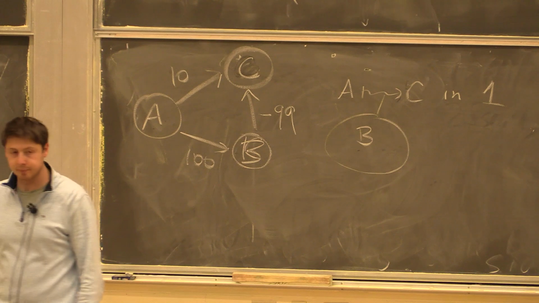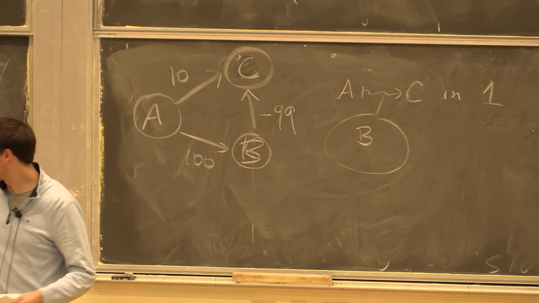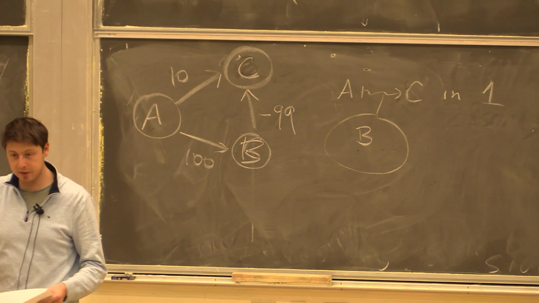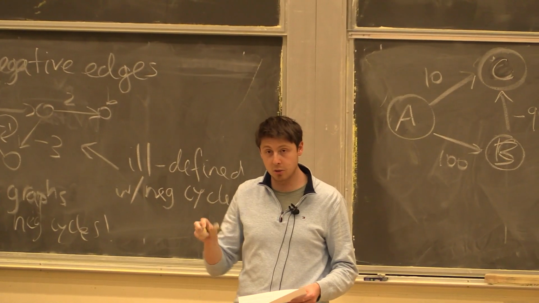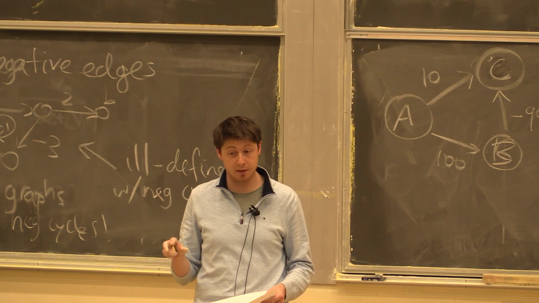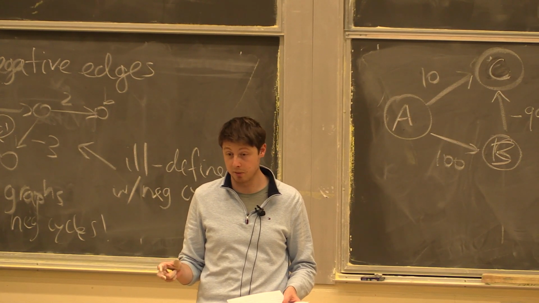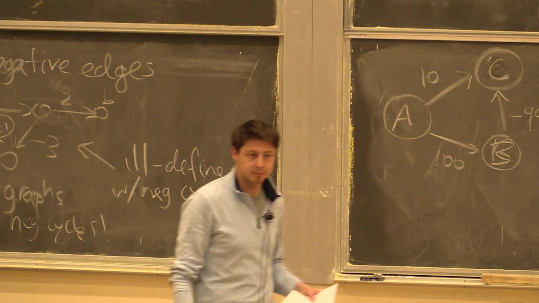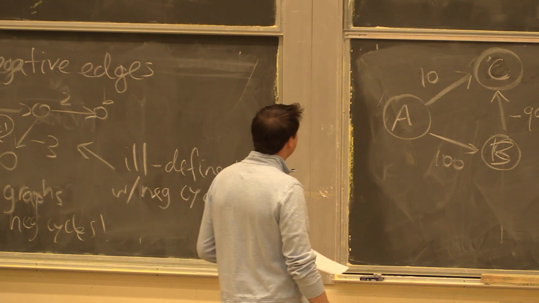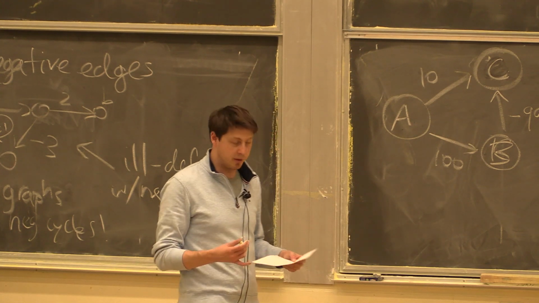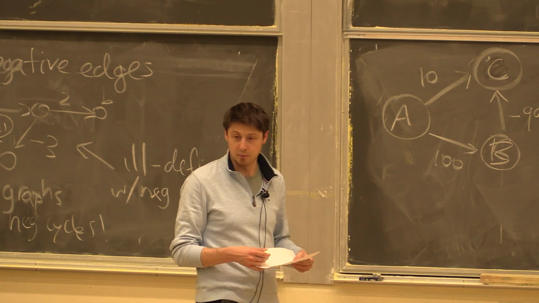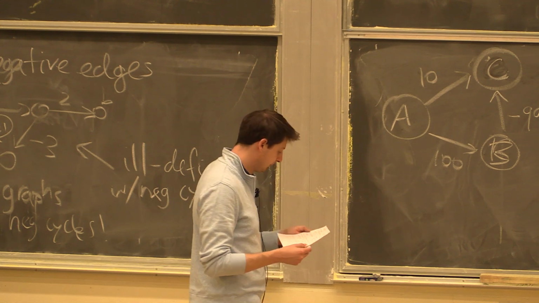In particular, maybe one way to see it is that if you shift everything up in the one with a negative cycle, it goes from a question that makes no sense to a question that does make sense, and that should give you pause, right? But that is a reasonable thing to think about. You should try to reduce to problems you already solved.